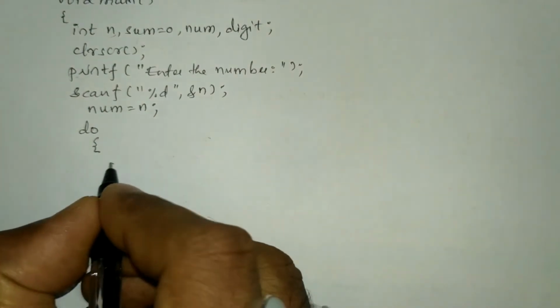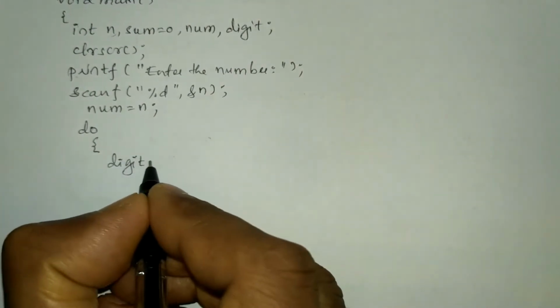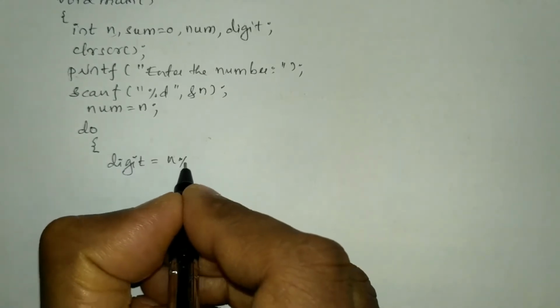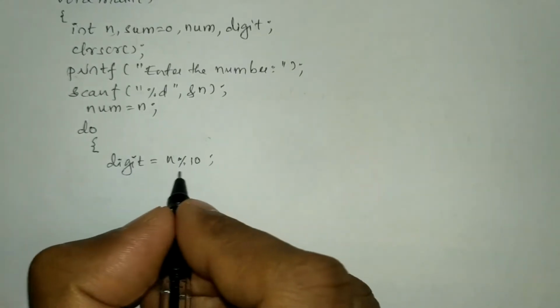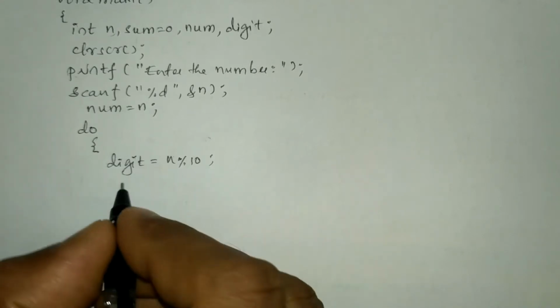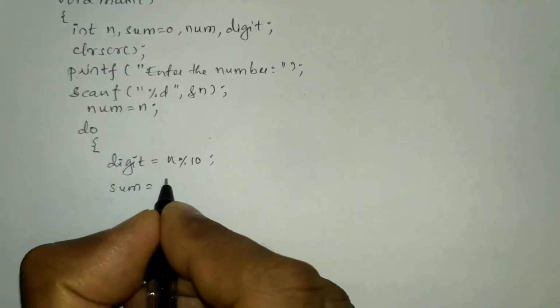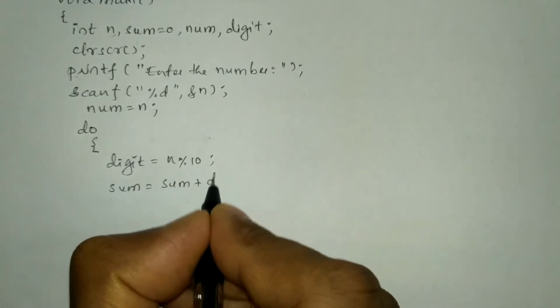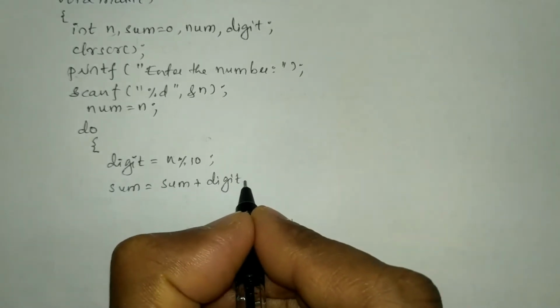Next I'm going to write digit is equal to n modular division by 10. Whenever we use modular division, it always returns us the remainder. Next I'm going to write sum is equal to sum plus digit multiplied 3 times.